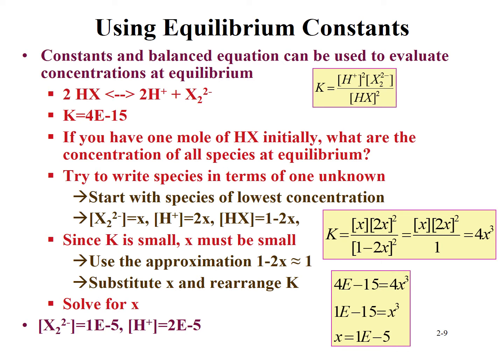So if we think about this, we can write a reaction here. We have the complexation constant here. Now we can try to make some terms and substitute so that we can solve for the different species at equilibrium. So to write this, what one would do is evaluate which species would have the lowest concentration at equilibrium.